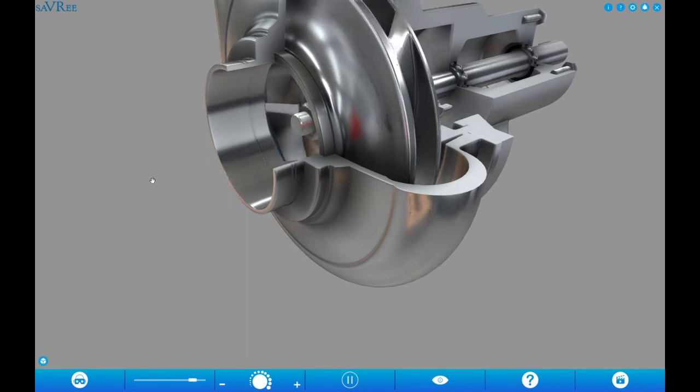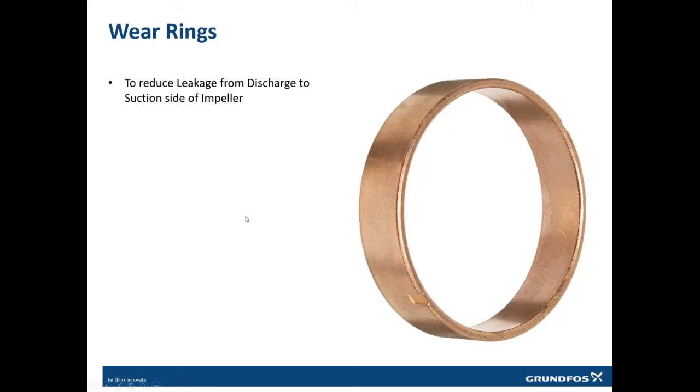As you can imagine from the name, a wear ring means that it will wear out with the passage of time, or you can say it will get damaged or consumed, just like the brake pad of a car. You need to change the brake pad of a car after some time. How can you do that?